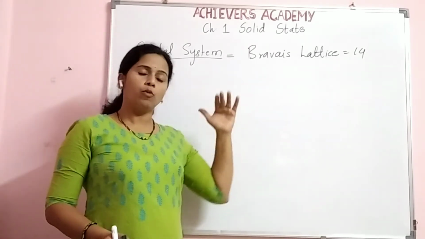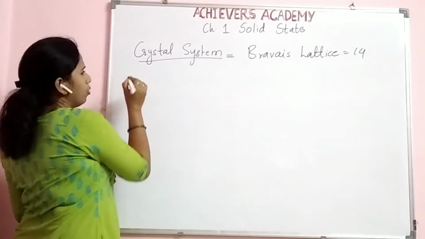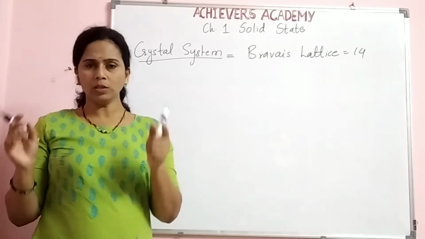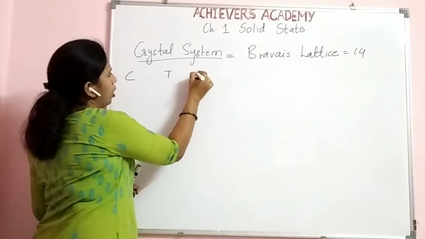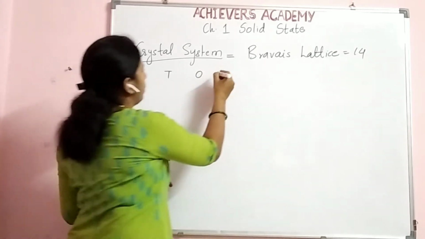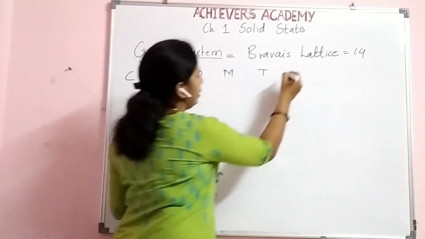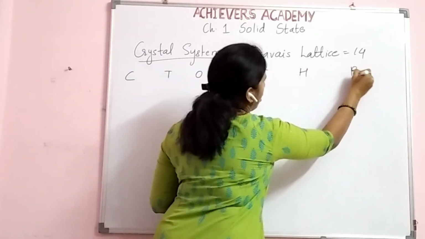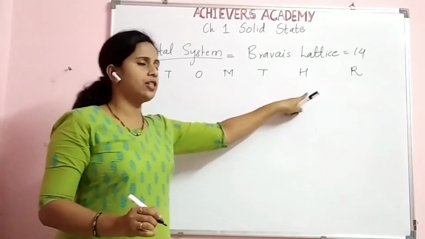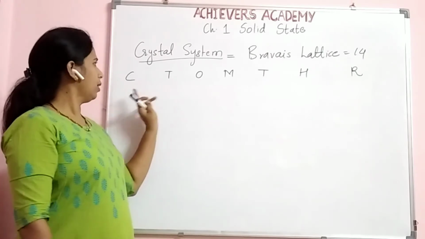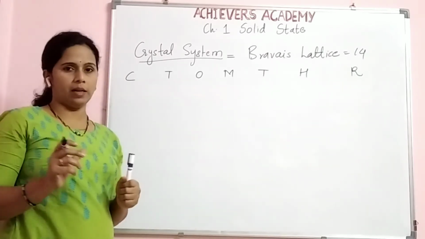Now let's see what those 7 crystal systems are. I'll give you one clue to remember them: C, T, O, M, T, H, R. Each of these letters stands for a certain type of unit cell.